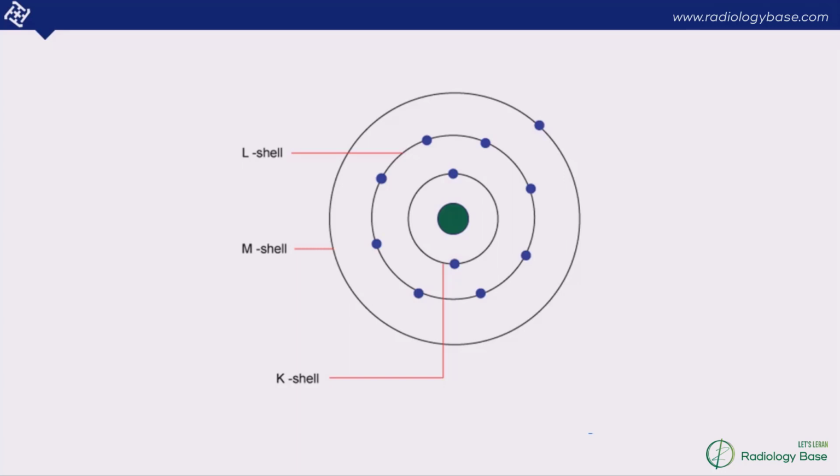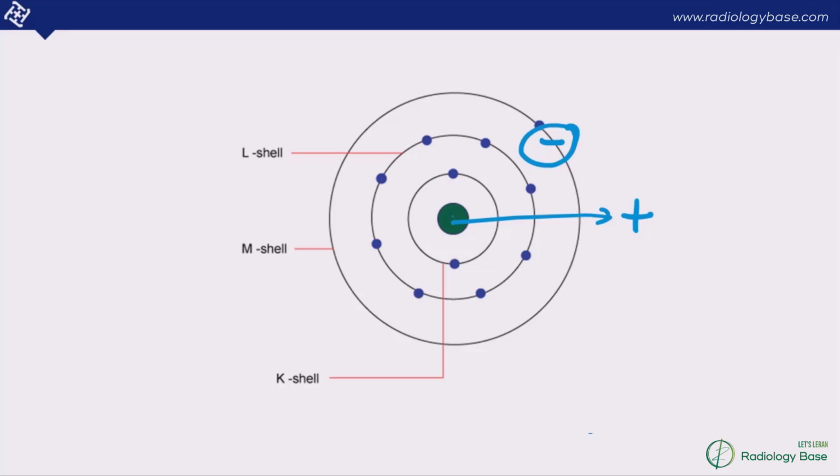So you know that the central nucleus is positively charged and the electrons are basically negatively charged. So there is an electrostatic force, which is a force of attraction between the positive and the negative charge, and this force is acting on all the electrons which are rotating in the shells.